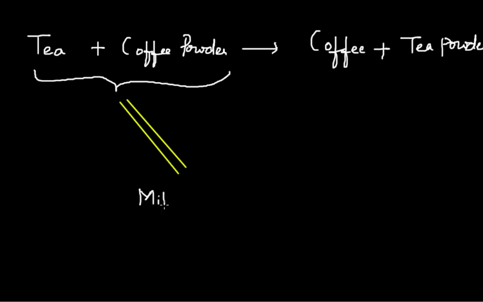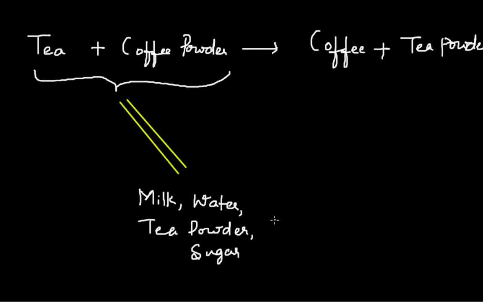Milk was there, good, water, okay, then tea powder and sugar, right? Now coffee powder in its stable standard state is coffee powder again. Now these will react, milk, water, sugar and coffee powder will react to give you coffee.